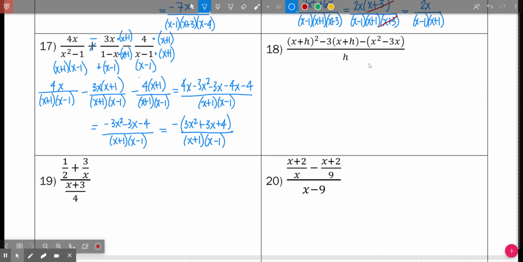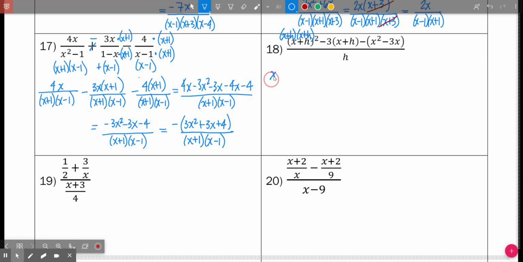In number 18, we're going to simplify this down. So I have x plus h squared minus 3 times x plus h, minus x squared minus 3x. So I'm going to distribute: this x plus h means x plus h times x plus h.